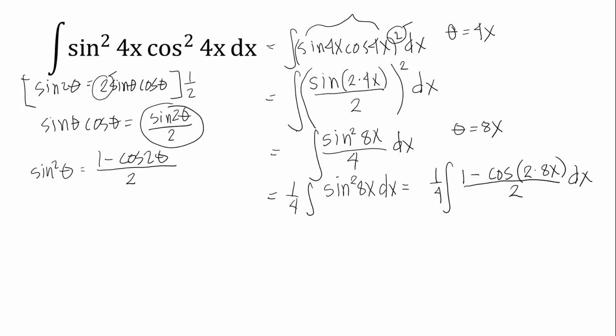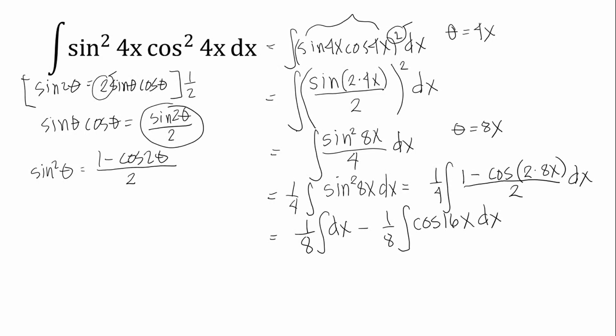Then we can separate, or we can divide this function into two terms, so we integrate them separately. That is equal to 1 over 8 integration of dx minus 1 over 8 the integration of cosine 16x dx.